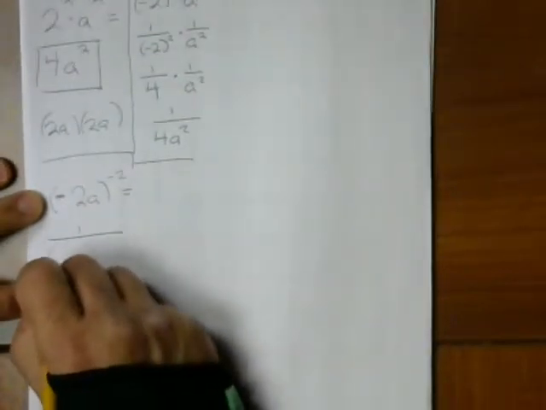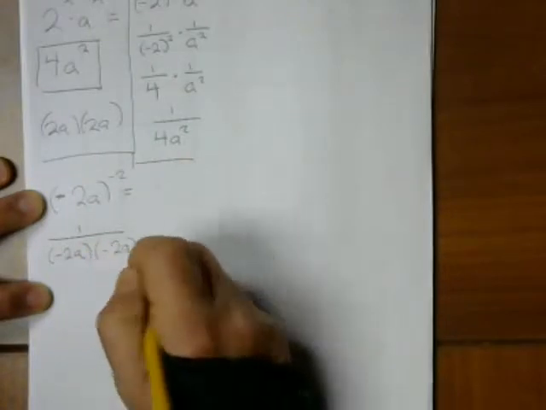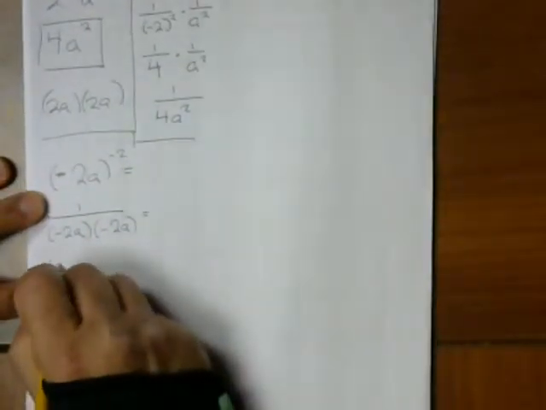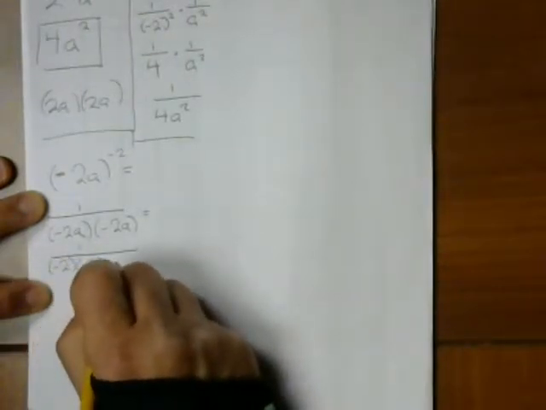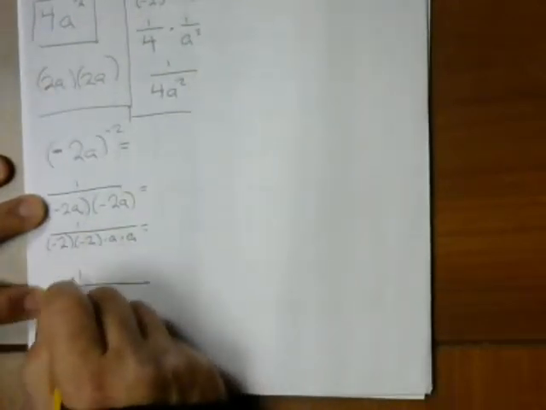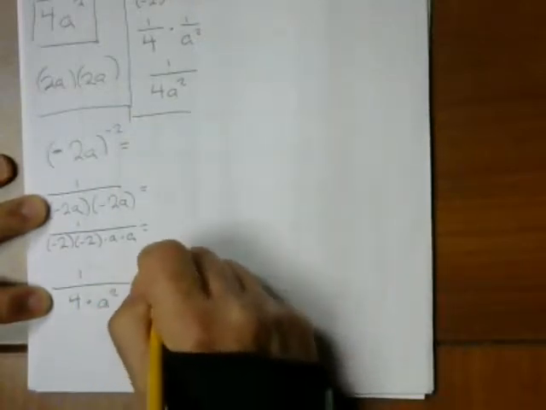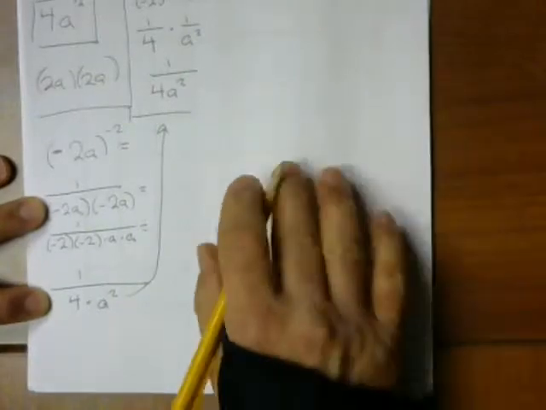So that would give me minus 2a times minus 2a. Well, now I have a minus 2, a minus 2, an a, and an a all together. The minus 2's give me a 4. I have an a squared. And look, I have the exact same thing we got before.